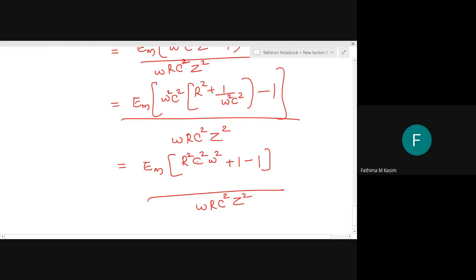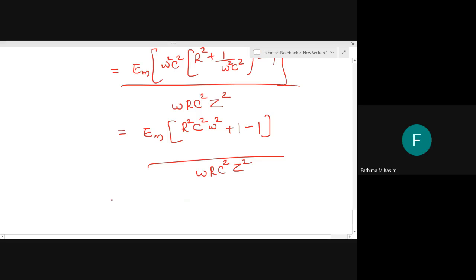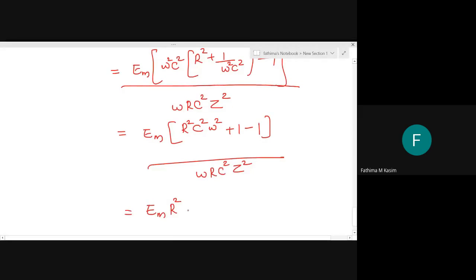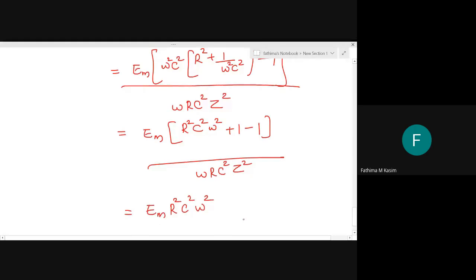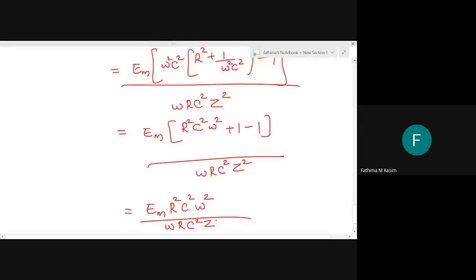So Em into R square C square omega square plus 1 minus 1 is 0, divided by omega R C square Z square. So this can be written as Em R square C square omega square divided by omega R C square Z square.